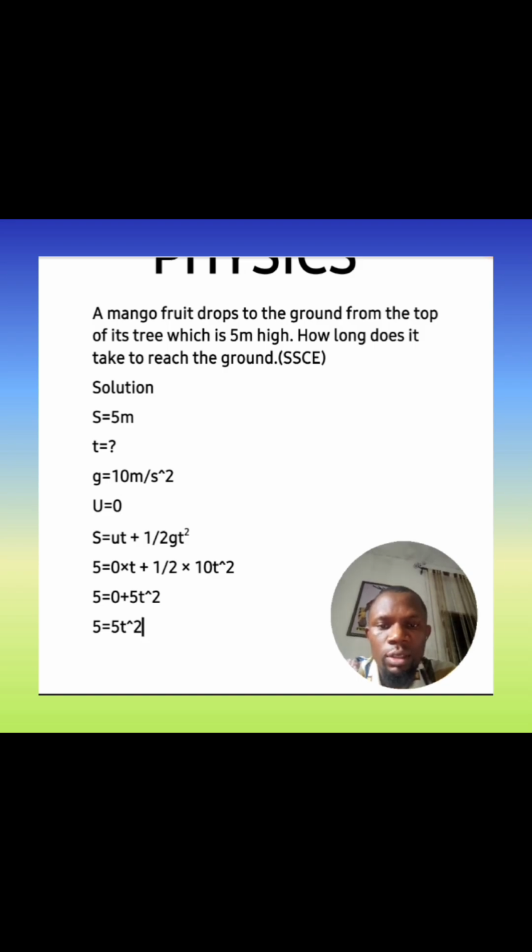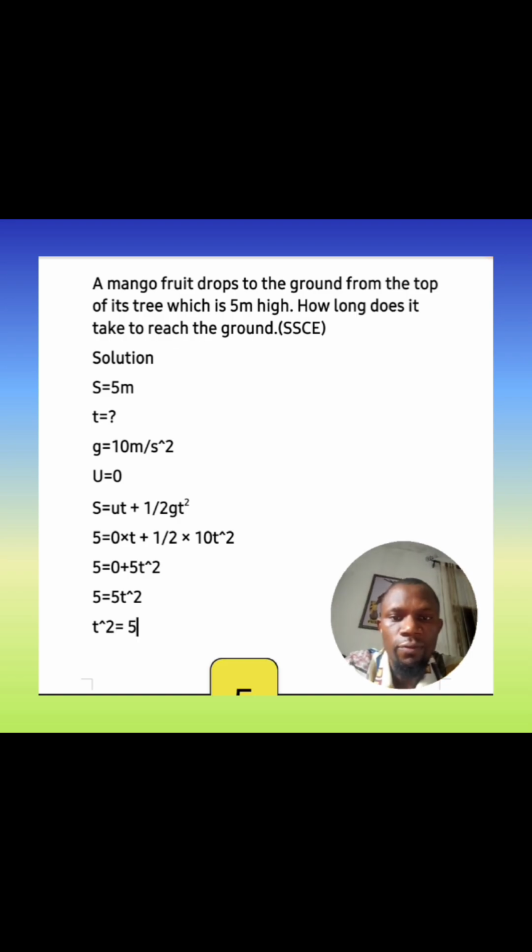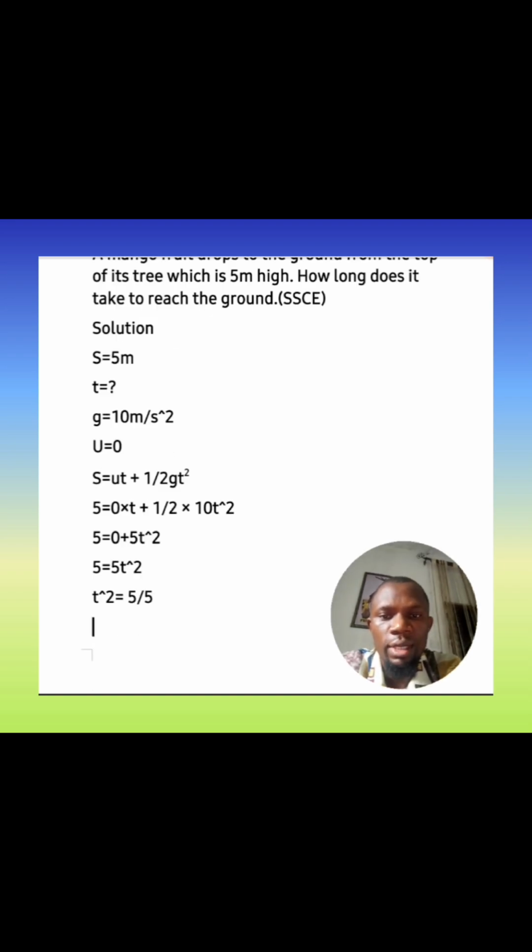My t raised to the power of 2 is equal to 5 divided by 5. Look at how I'm breaking it down: t raised to the power of 2 is equal to 1. What will I do next? I will take the square root of 1, because I'm looking for t. Take the square root of both sides.